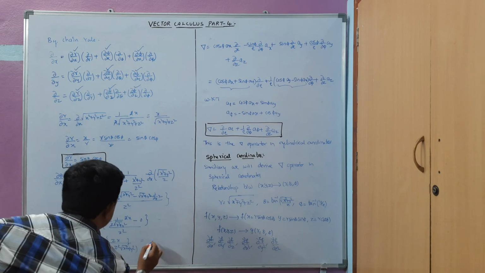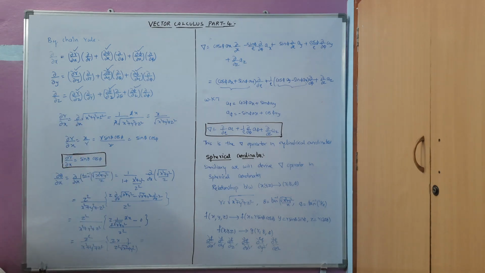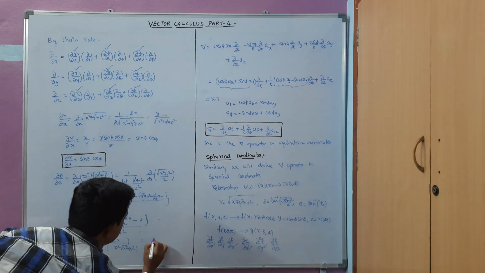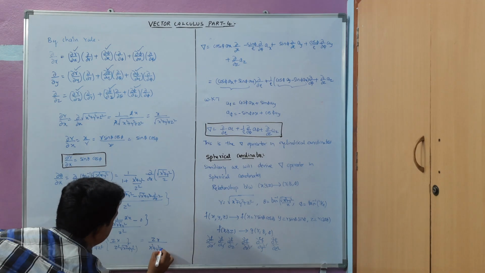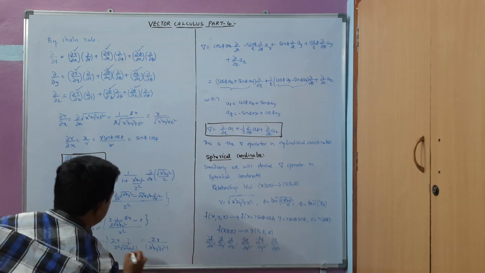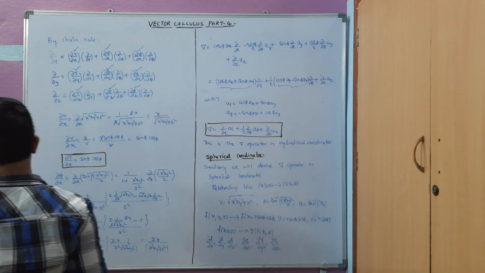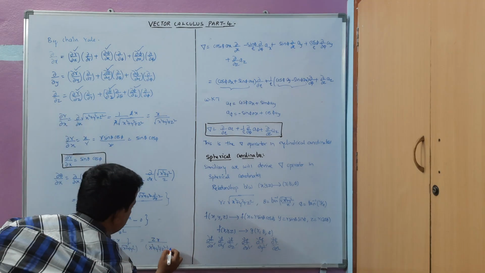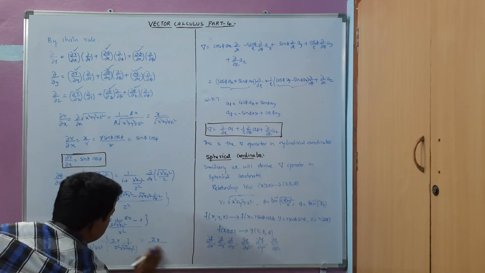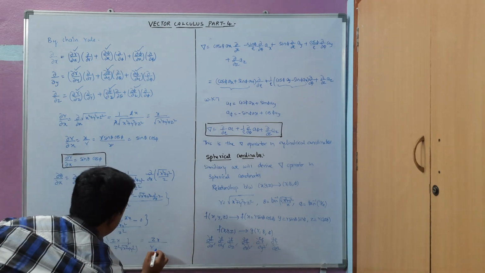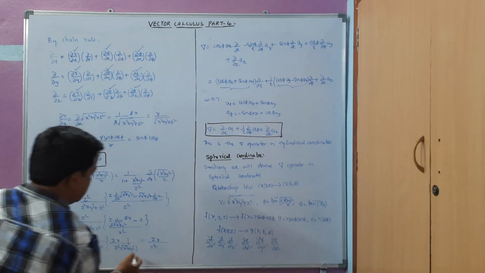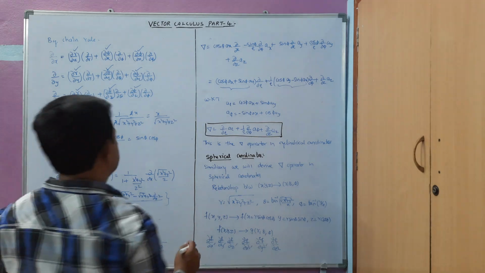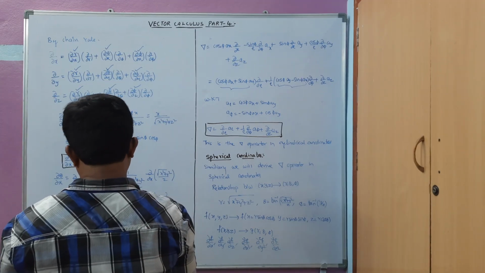I get zx by square root of x square plus y square plus z square into square root of x square plus y square, which will be equivalent to rho. So I substitute r square in place of the first and rho for the second. So I will substitute the value of z and x here. Let us see what happens.